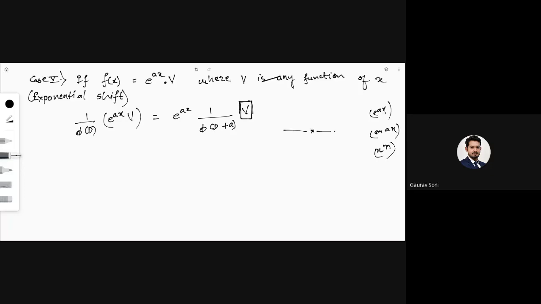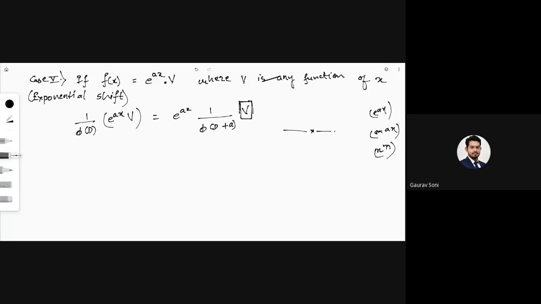What is happening to e to the power ax? Shaunak? Okay, how? Yash, you can speak. What you are doing here? We are separating e raised to ax from v. You are separating, but it is coming out of the operator.